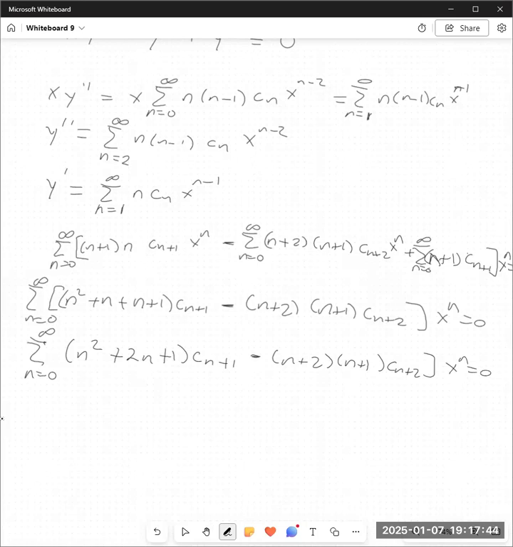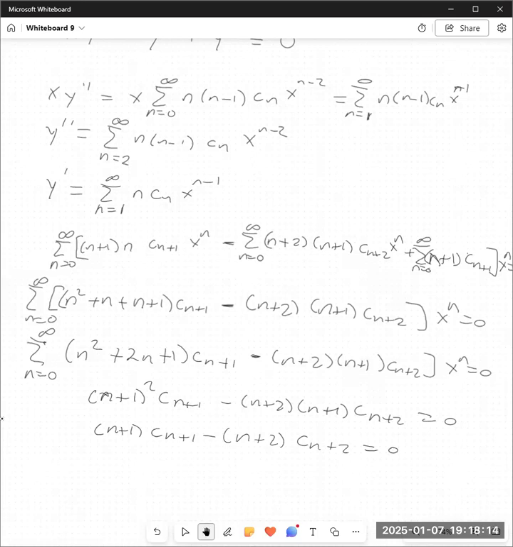Let's just drop the summation here. So this is (n plus 1) squared c_{n+1} minus (n plus 2) times (n plus 1) c_{n+2} equals 0. We'll be able to divide out by an n plus 1, so (n plus 1) c_{n+1} minus (n plus 2) c_{n+2} equals 0.